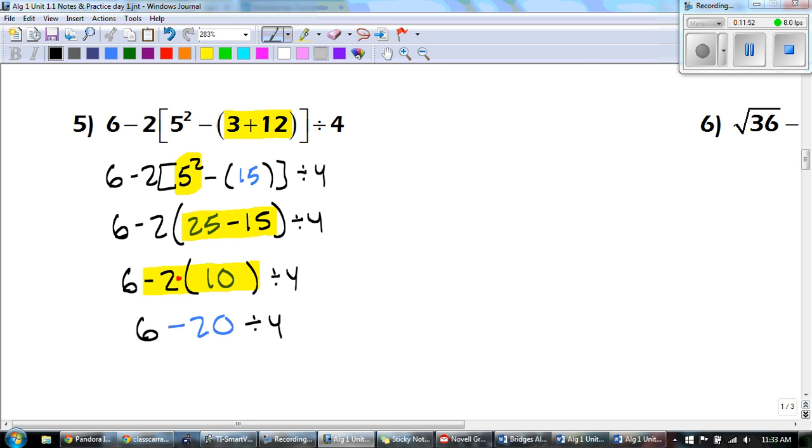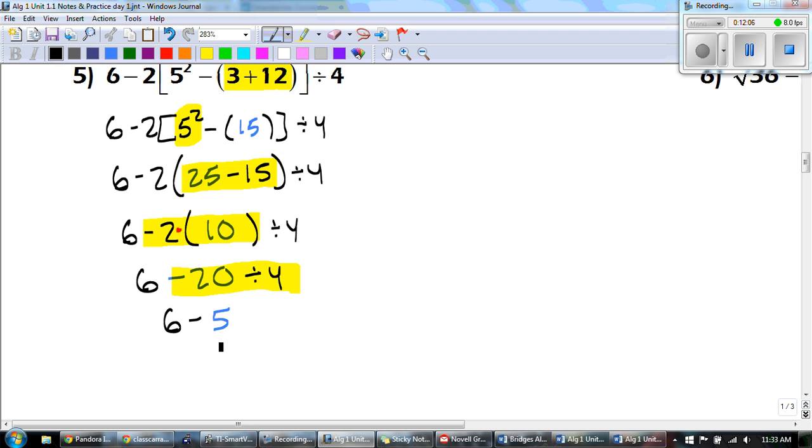Okay? Now we still have the division to take care of before I can subtract. And the negative 20 divided by 4, or 20 divided by 4 is 5. And then finally, 6 minus 5. Hopefully you did not use a calculator for that. We get 1.